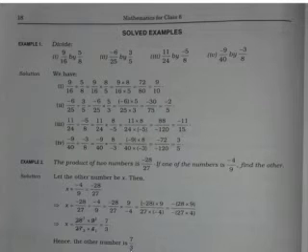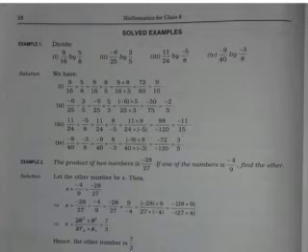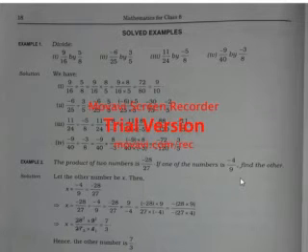But in the case of division, what happens? When the product is given, here the product works as a total. When the product of two numbers is given and one number is given, then we can simply write other number is equal to product divided by given number.